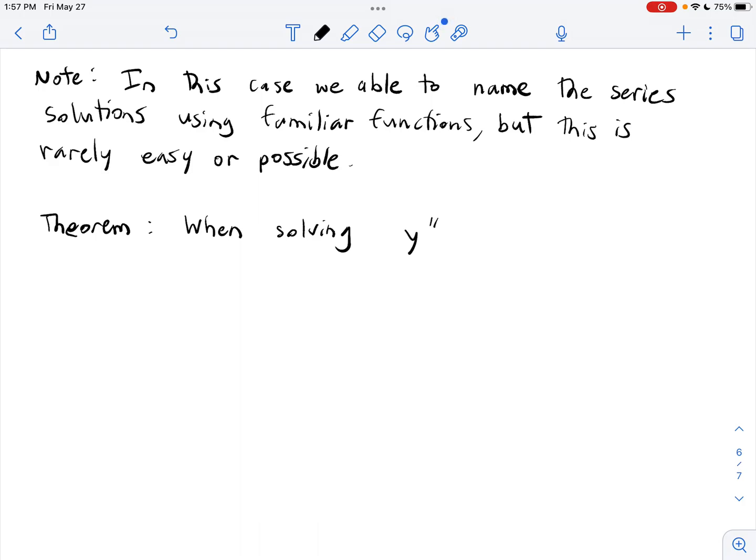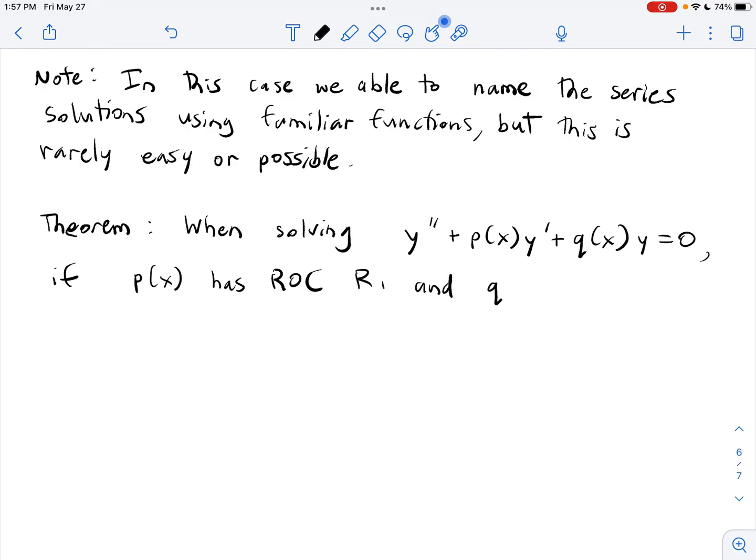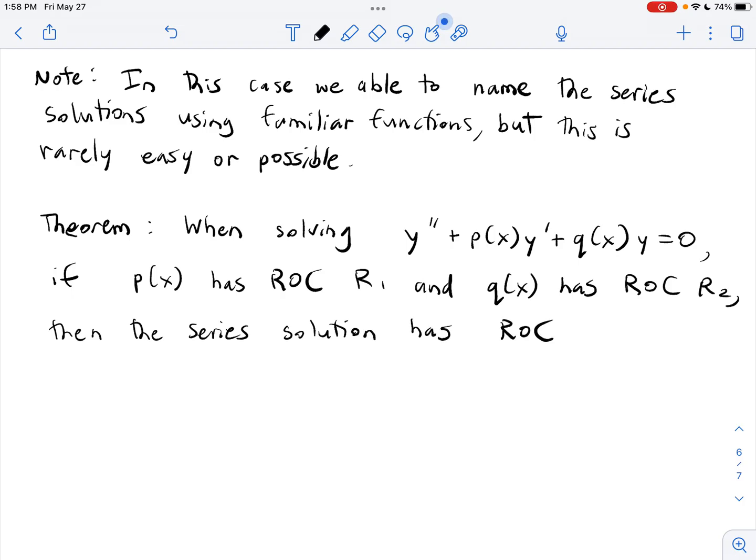When solving the typical differential equation that we're looking at in this section, if p of x has ROC R1 and q of x has ROC R2, then the series solution has ROC R greater than or equal to the minimum of the two radii.